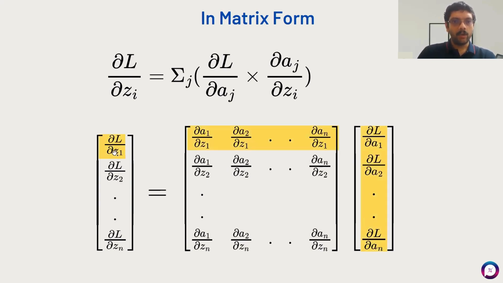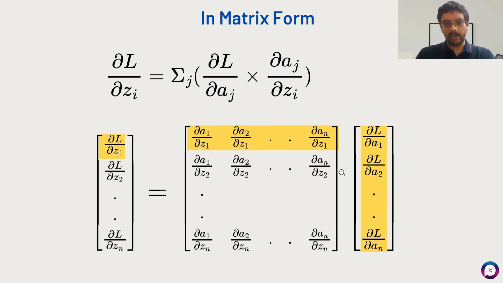Well, dou L dou Z1 is the dot product of this row of the matrix with this column. Let's read it the other way: dou L dou A1 times dou A1 dou Z1, plus dou L dou A2 times dou A2 dou Z1, and so on all the way to dou L dou AN times dou AN dou Z1, which covers the sensitivity of loss passed through A1 all the way to AN with respect to Z1.